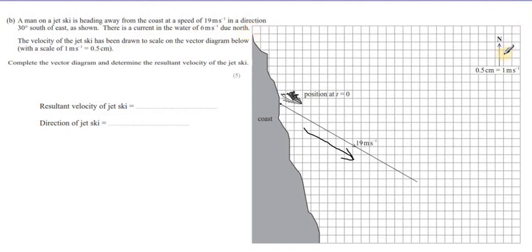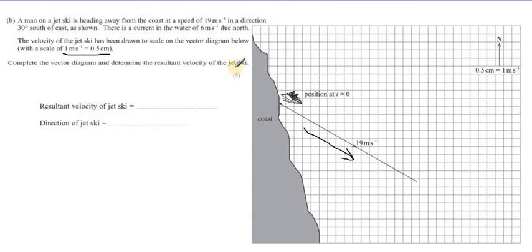So north is this. The velocity of the jet ski has been drawn to scale on the vector diagram below, with the scale 1 meter per second to 0.5 centimeter. This is the scale to draw the vector diagram. Complete the vector diagram and determine the resultant velocity of the jet ski.